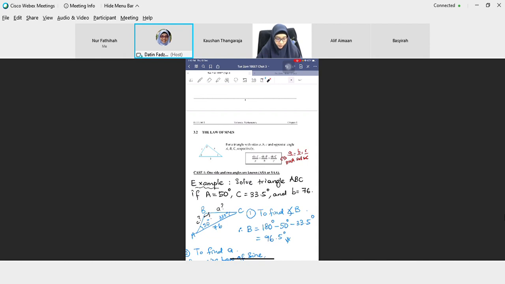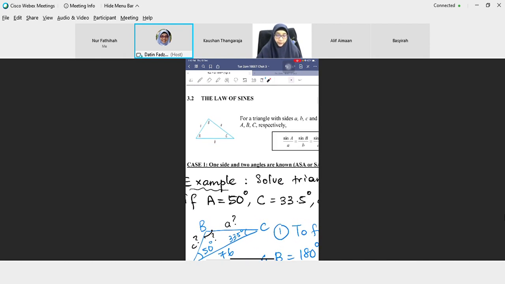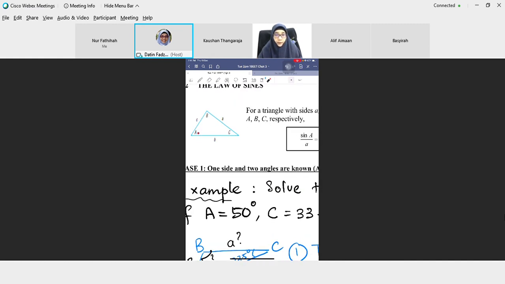In terms of labeling the diagram, usually in an oblique triangle, angles are represented by uppercase letters A, B, C. Sometimes the question gives you alpha, beta, gamma, or A, B, C. The side opposite the angle is denoted by the small letter, which is a, b, c in this case.